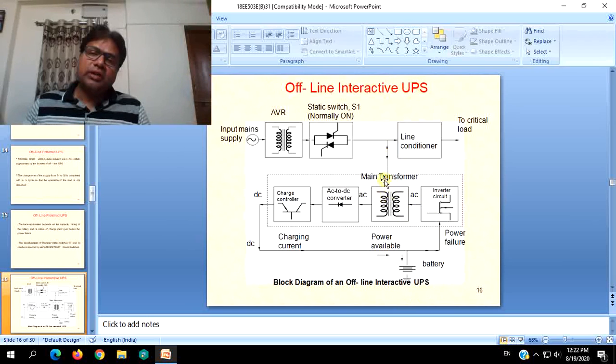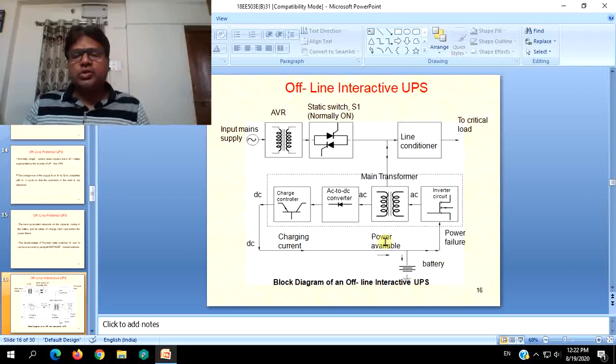For the incoming supply, the left side winding acts as the primary and the right side acts as the secondary. AC is stepped down and converted with proper charge control equipment. The battery is charged according to the charging requirement. So in this case, charge control is also employed, as shown in this block diagram.